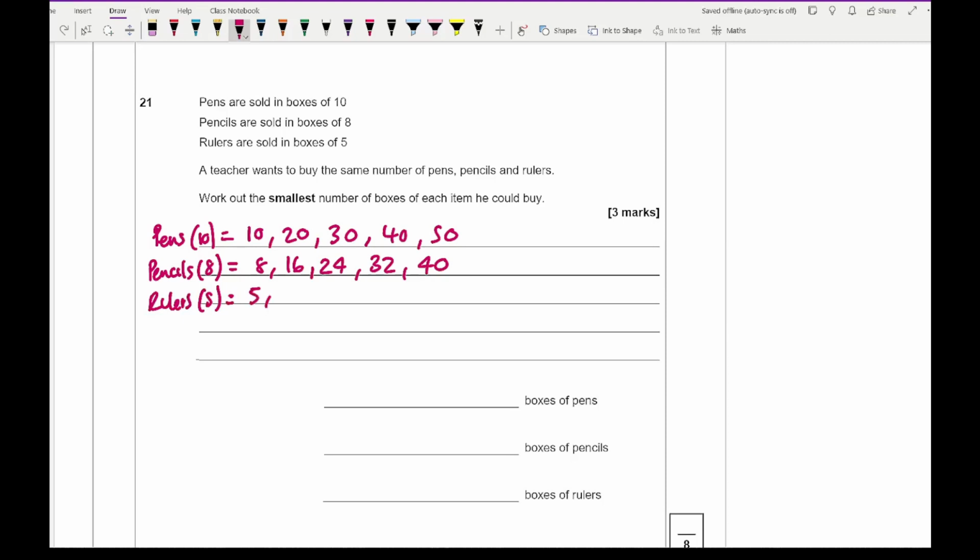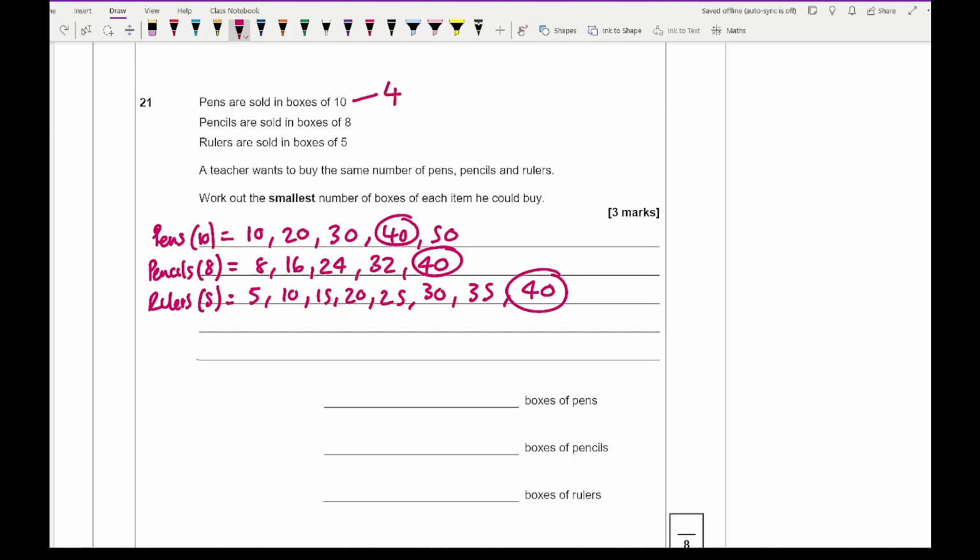So I've got 5, 10, 15, 20, 25, 30, 35, 40. And you can see that the smallest number that appears in all 3 of those lists is going to be 40.